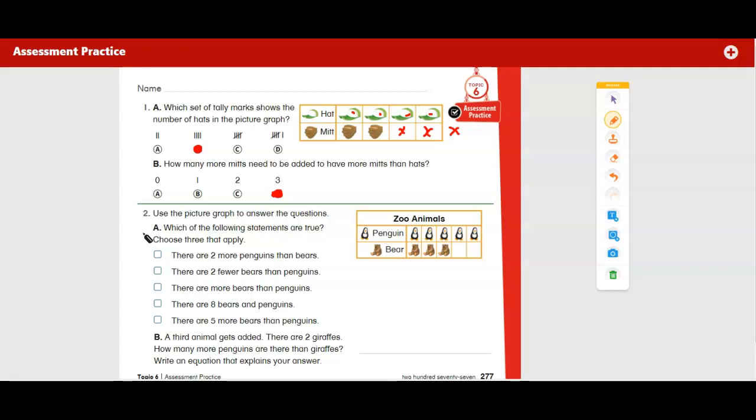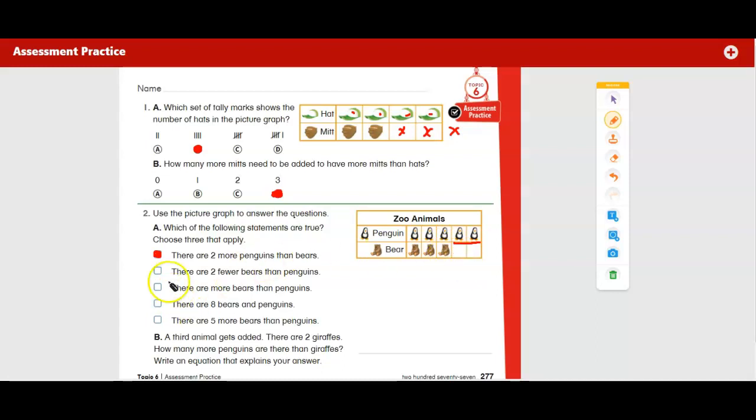For number 2, part A, we had to choose 3 statements that were true about our picture graph. The first statement that was true says, there are 2 more penguins than bears. When we look at the picture graph, we can see that there are 1, 2 more penguins than the bears.